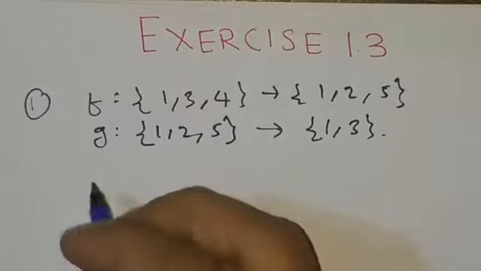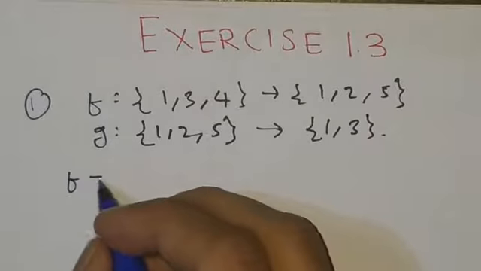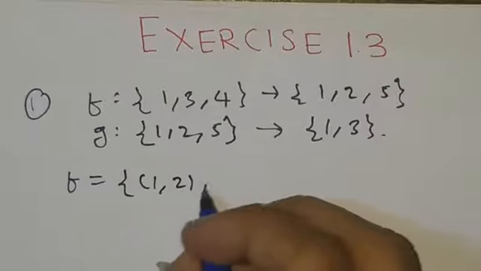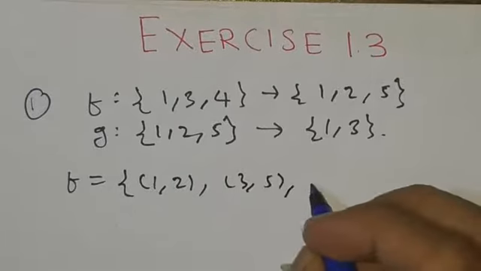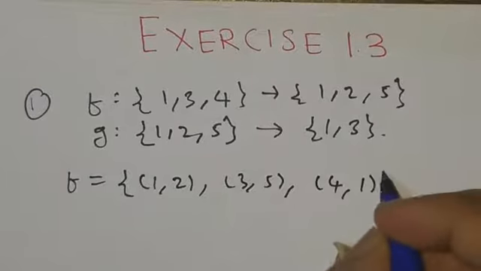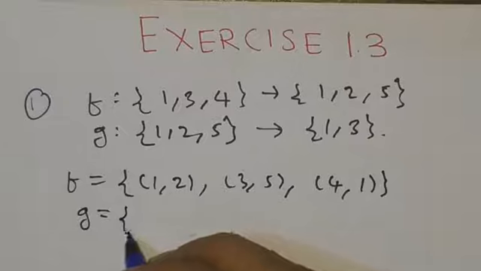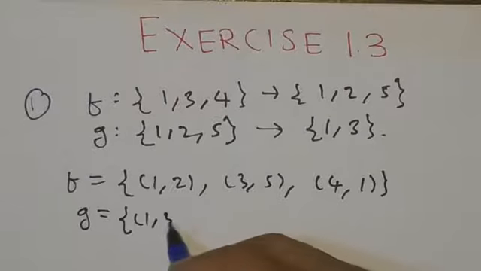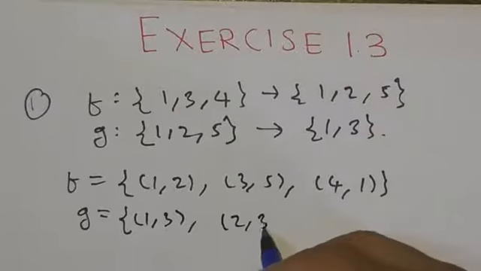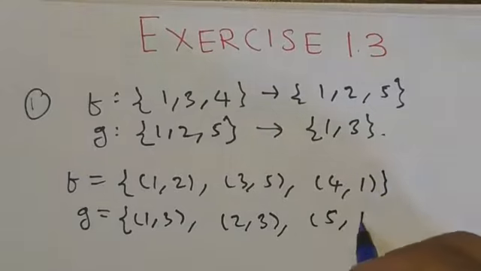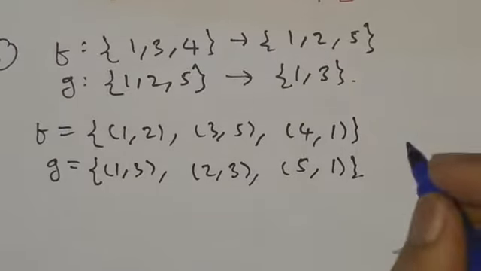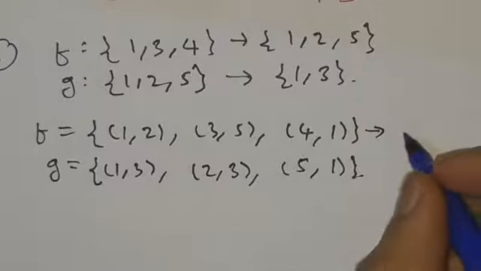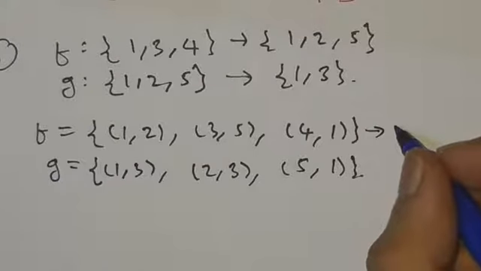Now the definition of the function f is given as (1, 2), (3, 5), (4, 1). And the function g is given as the ordered pairs (1, 3), (2, 3), (5, 1). Now this definition of the function we can interpret as the standard way of writing the function.